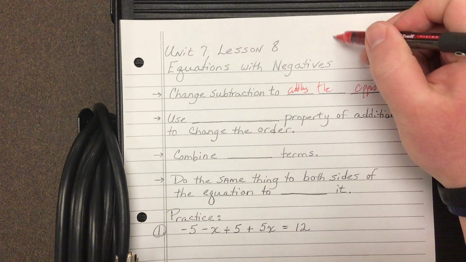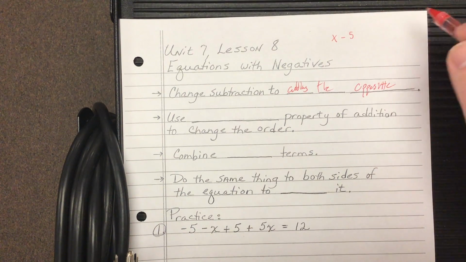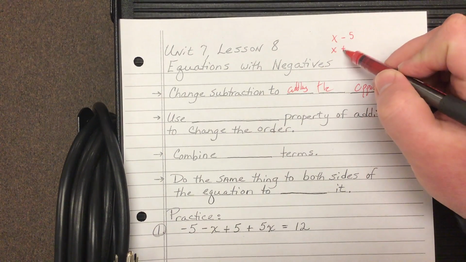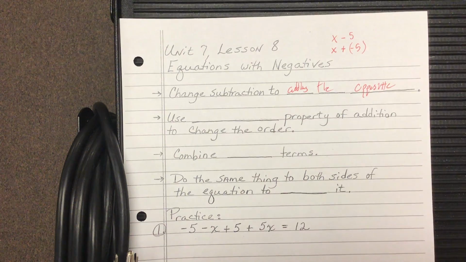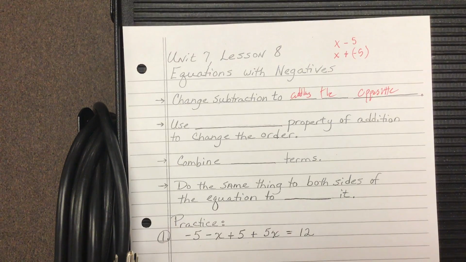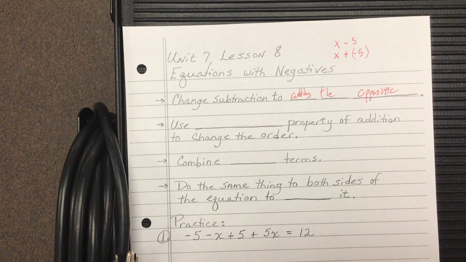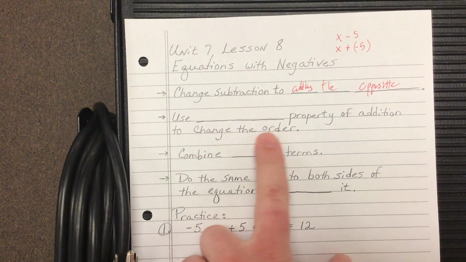So if I have x minus 5, that's the same as x plus negative 5. Remember us talking about how adding the opposite is the same as subtracting?